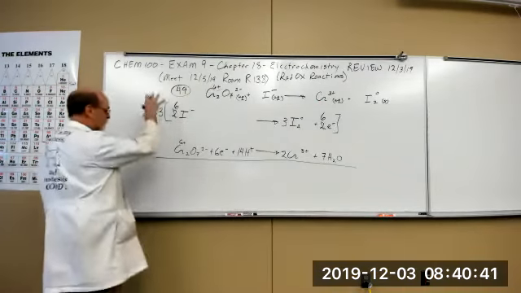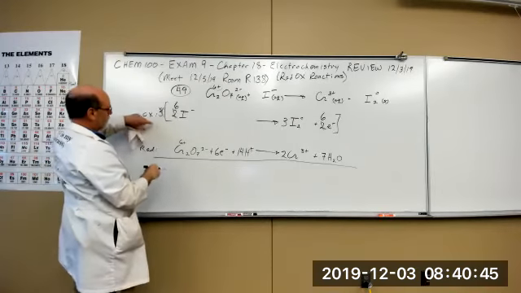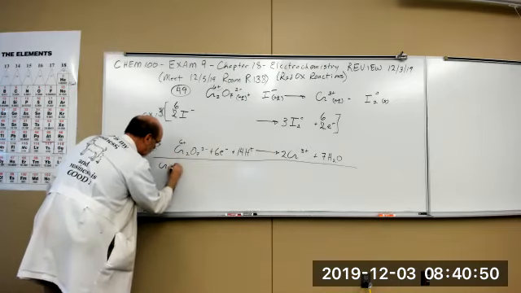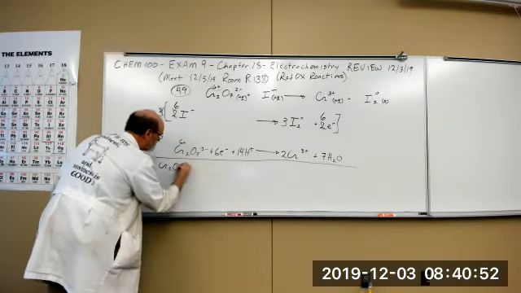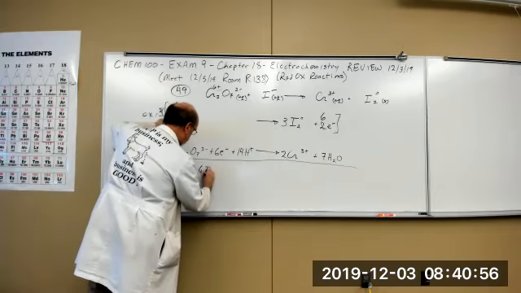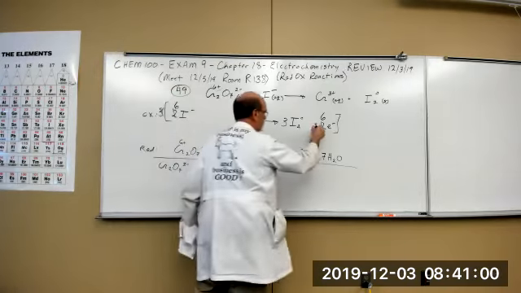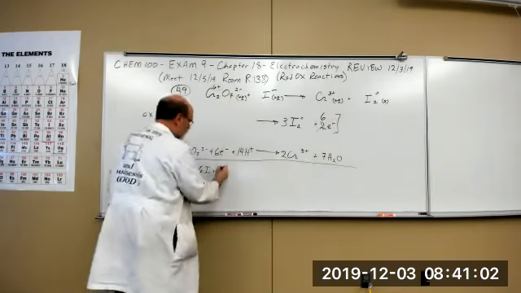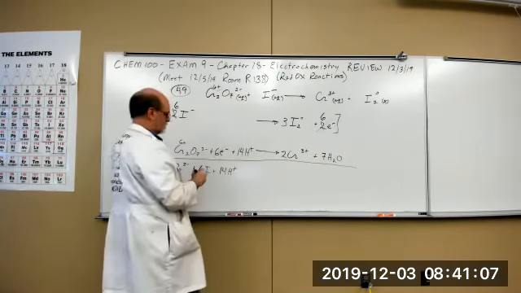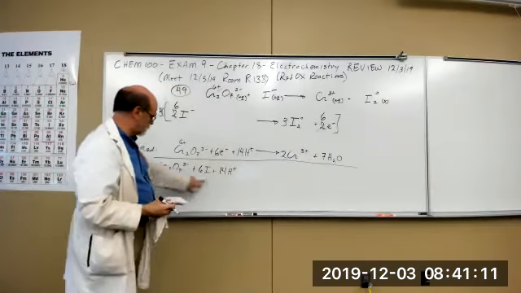Okay, so we can bring things down. We've used that up, so it's already there. So we've got 1 dichromate. We've got 6 iodides. Electrons canceled. We have 14 protons. So that's everybody accounted for. 1, 2, 3. 1, 2, 3.